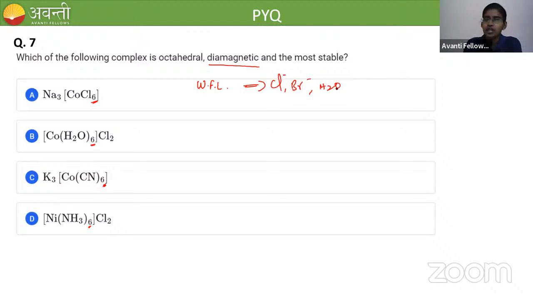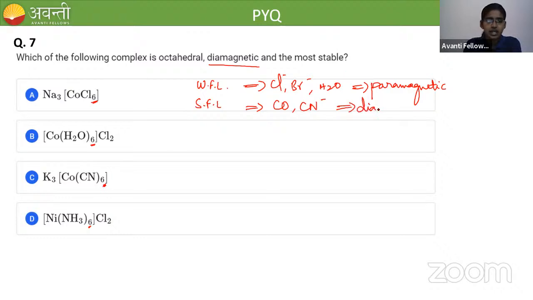All these are weak field ligands, so they form paramagnetic complexes. Strong field ligands, such as carbon monoxide, carbonyl, and CN minus, will form diamagnetic complexes.